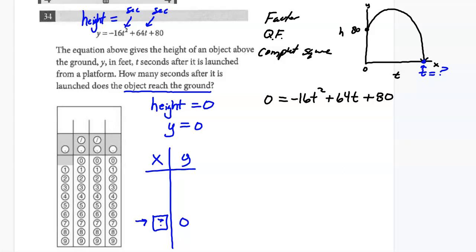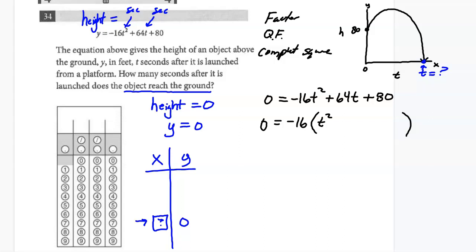But let's try to factor this. The first thing is I want to reduce all these numbers by dividing, and I think I can pull a 16 out of everybody. So I divide everything by negative 16, because I always want to pull out the negative so that t squared is positive.